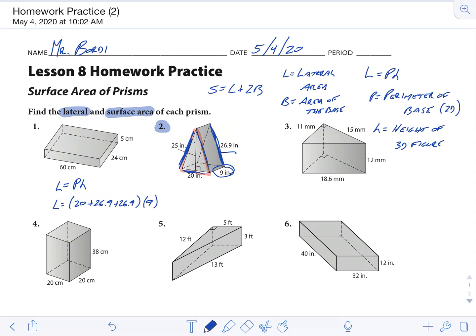Out here. So now L equals, I add up my sides to find the perimeter, so that's 26.9 plus 26.9 plus 20.